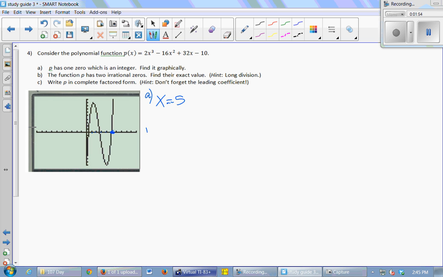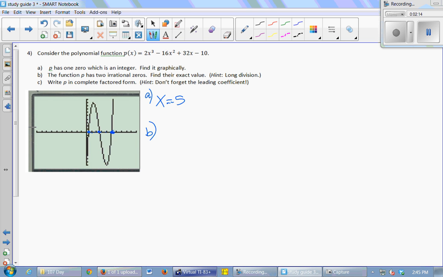All right, so part B says the function has 2 irrational zeros. So that would be this point and this point. I want to find their exact value, which means I cannot use my calculator to get those, because my calculator will give me a decimal approximation. So if I want to know their exact value, I have to divide.